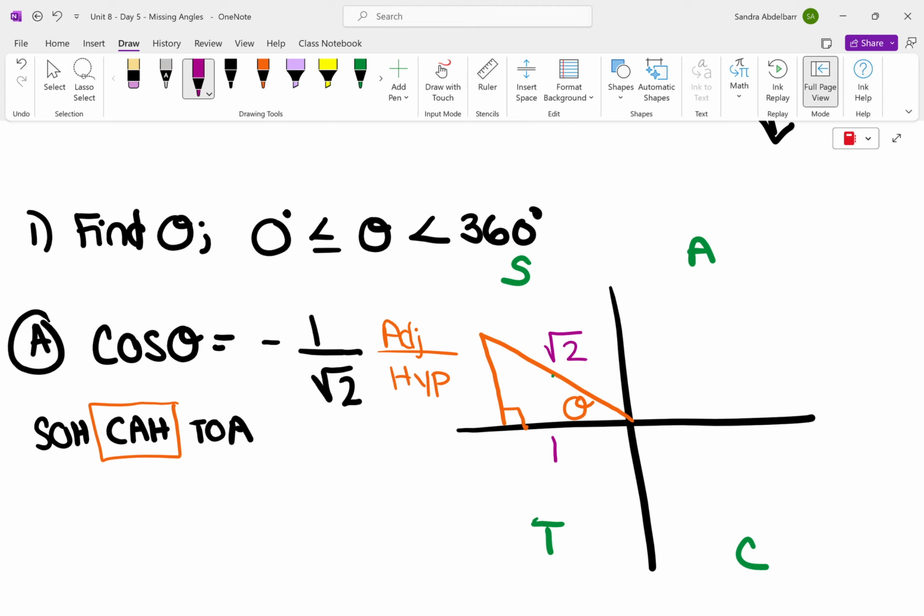So now you tell me, what kind of triangle does this have to be if this side is 1 and this side is root 2? This is a 45, 45, 90, which means this side has to be also 1. So what does that mean for theta? It has to be how many degrees? 45 degrees.